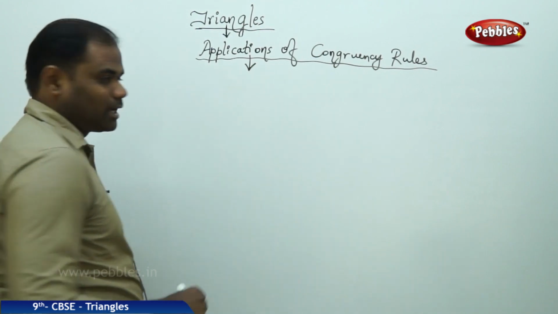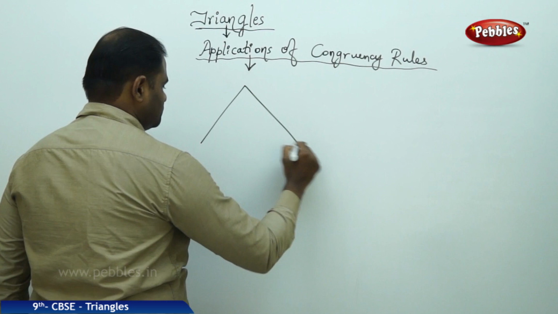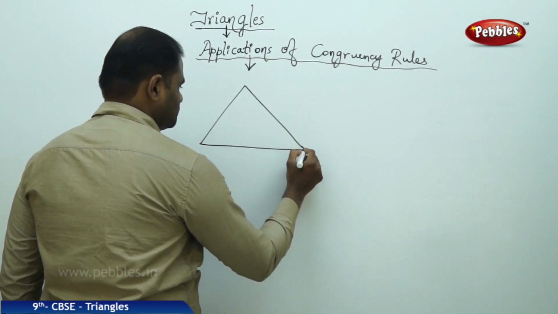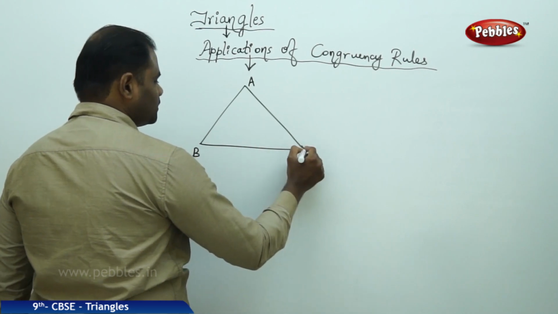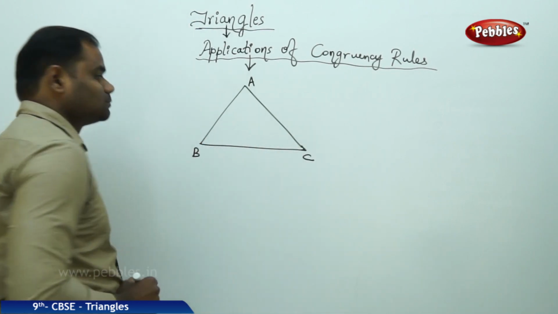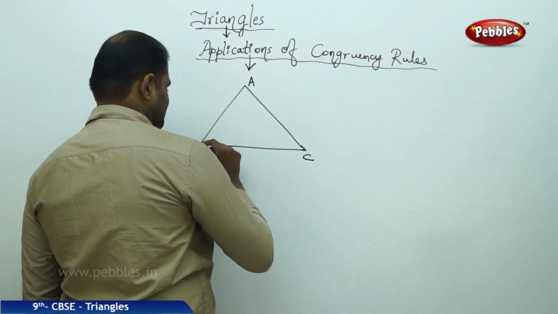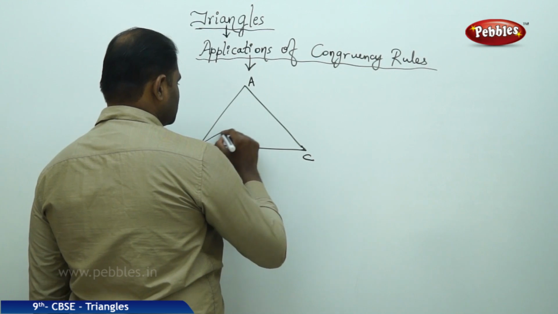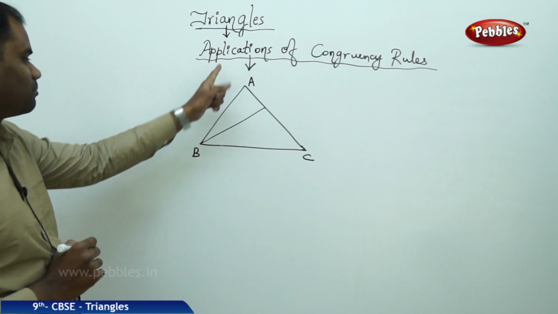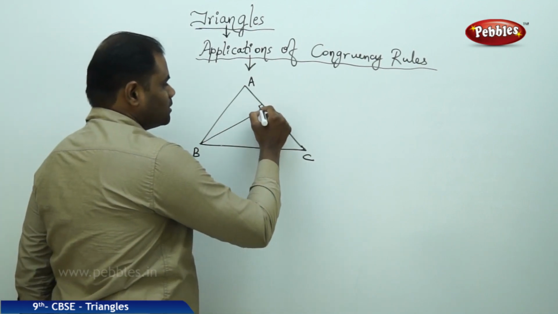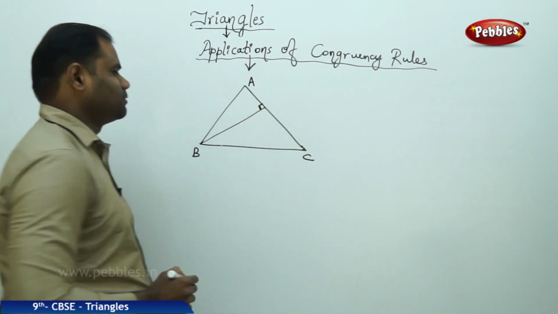Given, for example, I have a triangle ABC, and let me say the altitudes of the two sides are equal. That is, when I take the altitude from B to AC, this is the perpendicular dropped onto the side AC, which is how we define altitude.